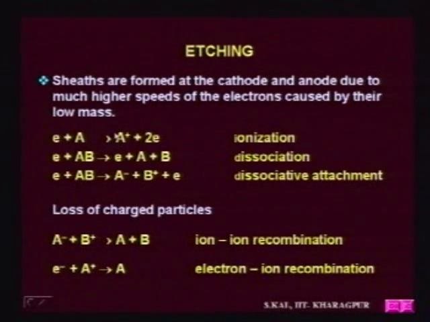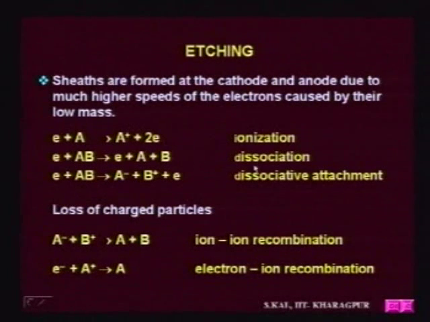So, when A is ionized, another extra electron will be created, and that electron and this electron become 2 electrons. This electron hits the gas molecule, and an A plus ion is formed and 2 electrons are created, and those 2 electrons again accelerate and hit other gas molecules.